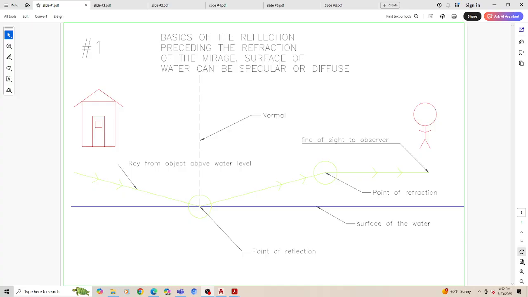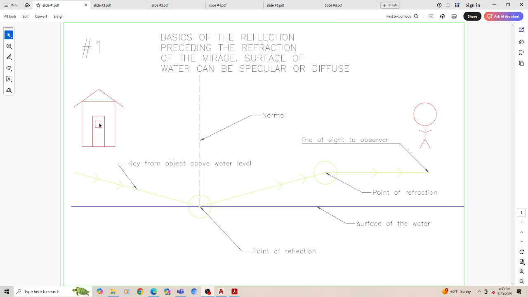This is basically, again, dealing with visual information that originates from a point like a house, and how that information would invert as far as reflection.